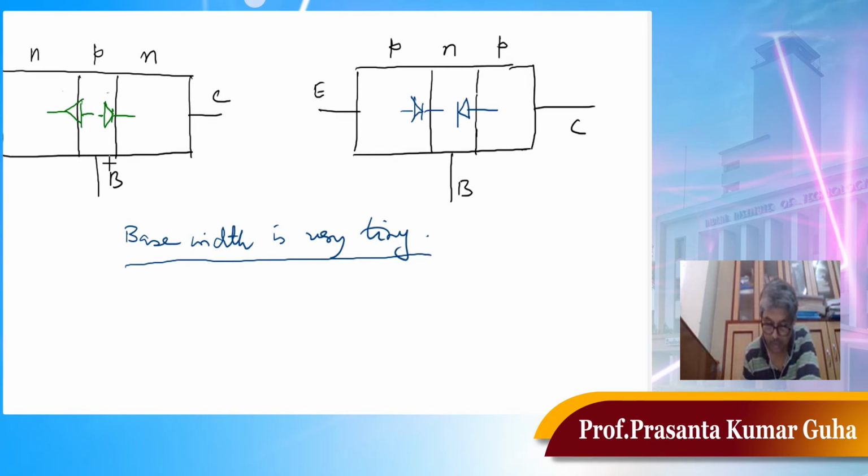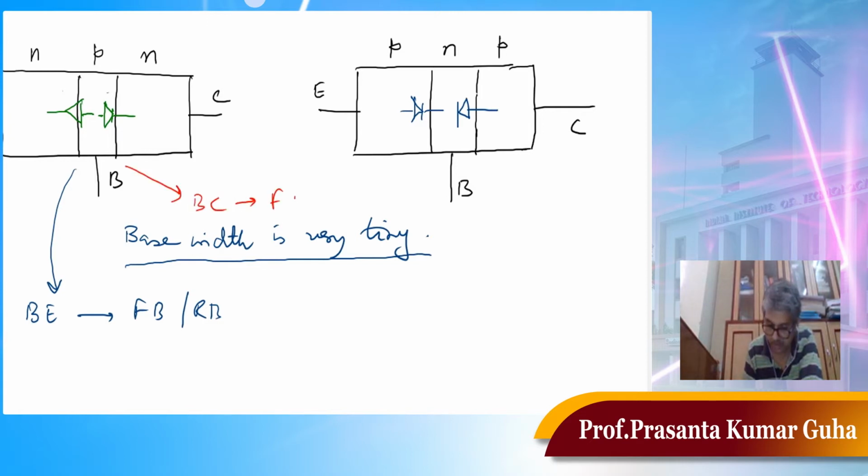And also we mentioned that as there are two junctions, there can be four combinations of your biasing. So this base-emitter junction can be forward bias or reverse bias. Similarly, this base-collector junction, this can also be forward bias or reverse bias.